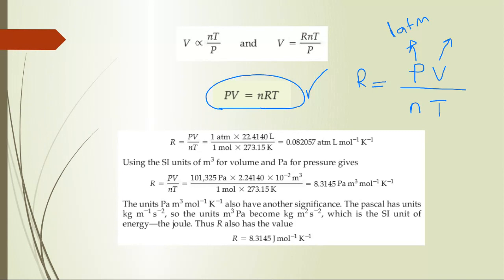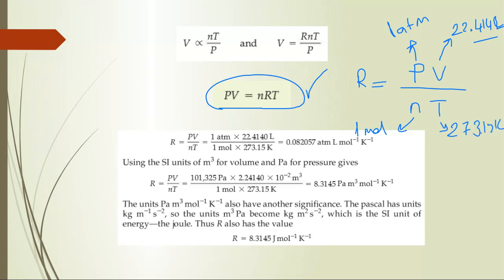The volume will be 22.414 liters, as I showed you. For the moles, it is always 1 mole, because 1 mole equals that volume. And the temperature will be 0 Celsius degrees, that means 273.15 Kelvin.